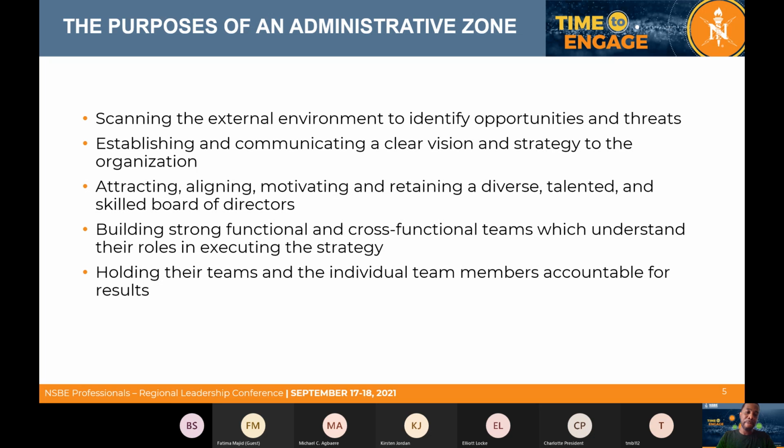And you're responsible for attracting, aligning, motivating, and retaining a diverse, talented, and skilled board of directors. You want to build a strong, functional, and cross-functional team where everybody understands their role and how to execute the strategy. And as a zone, you want to hold your teams and your individual team members accountable to produce results.